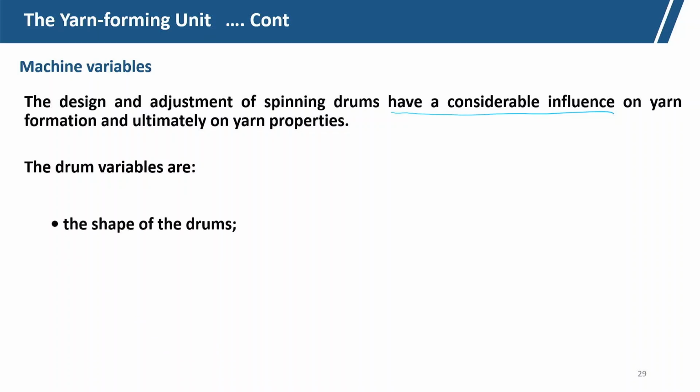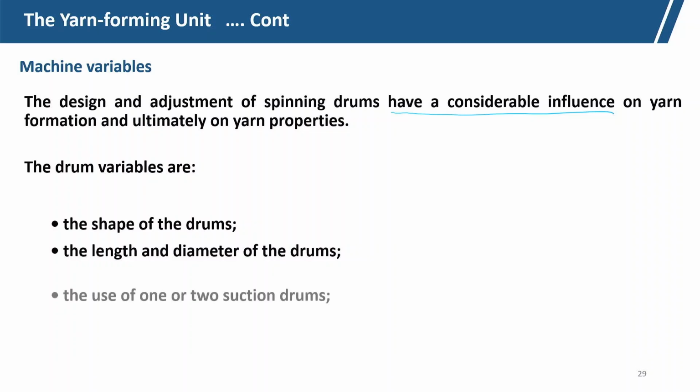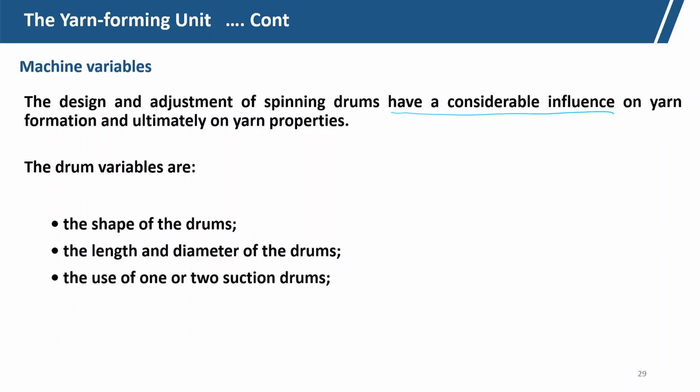The shape of the drums, whether they are cylindrical or conical, and the length and diameter of the drums, because they influence the twist efficiency and energy required. If the length of the drum is more, there is a chance of higher twist being applied.